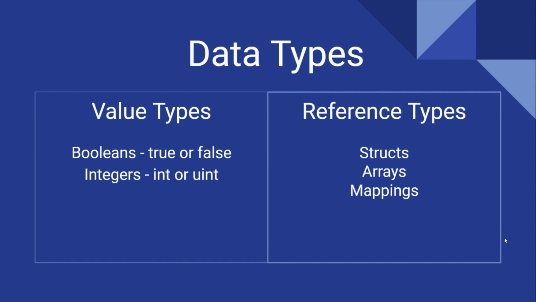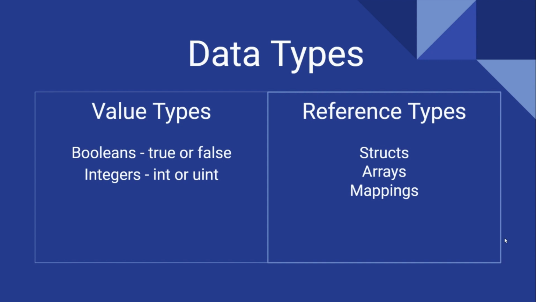So a uint will go from 0 to 2 to the 256 minus 1, which is a very large number. For an integer, which is not unsigned, so that you have to include all of the negative numbers, it goes from negative 2 to the 256 minus 1 all the way up past 0, all the way to 2 to the 256 minus 1. Very large numbers. So those are value types.